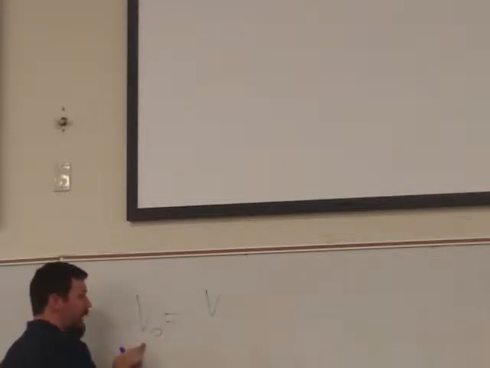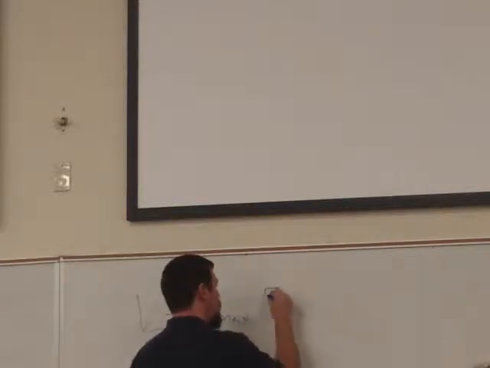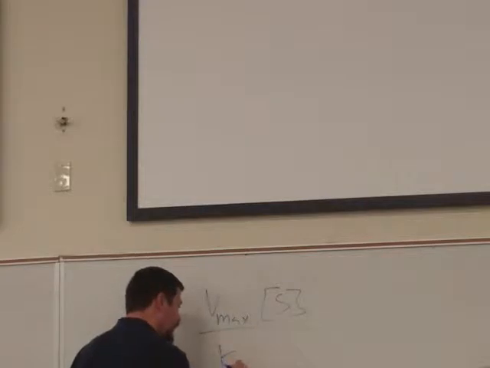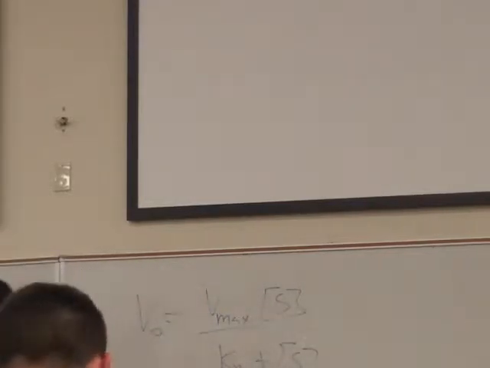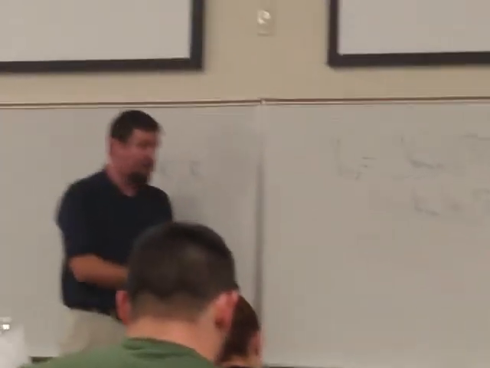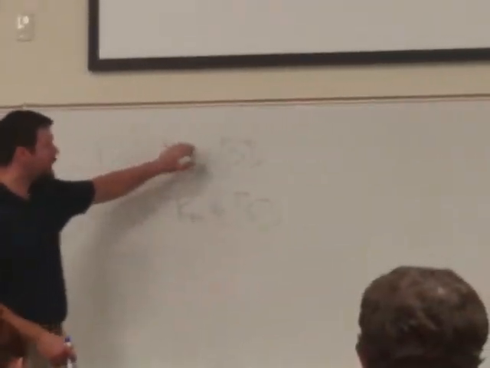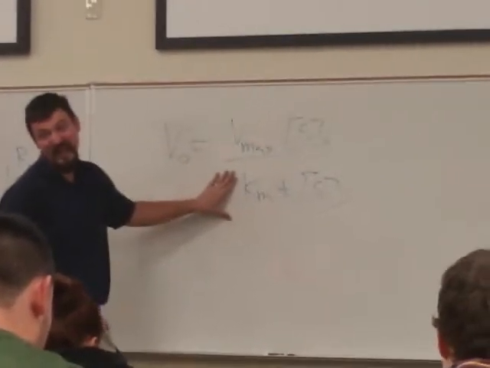The initial velocity, the initial rate of a reaction of an enzyme, is equal to Vmax times substrate concentration divided by Km plus the substrate concentration. So what does this equation tell you? It tells you if you know 3 variables of any enzyme, you can determine the fourth, right? If you know the initial velocity, the Vmax, and the substrate concentration, you can determine the fourth variable, Km, right?